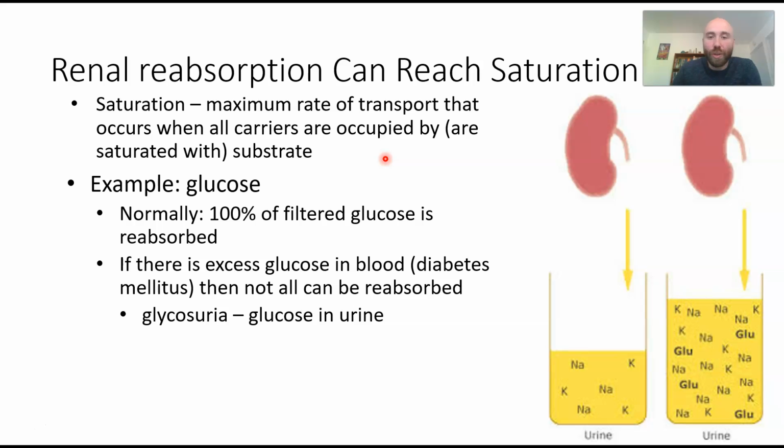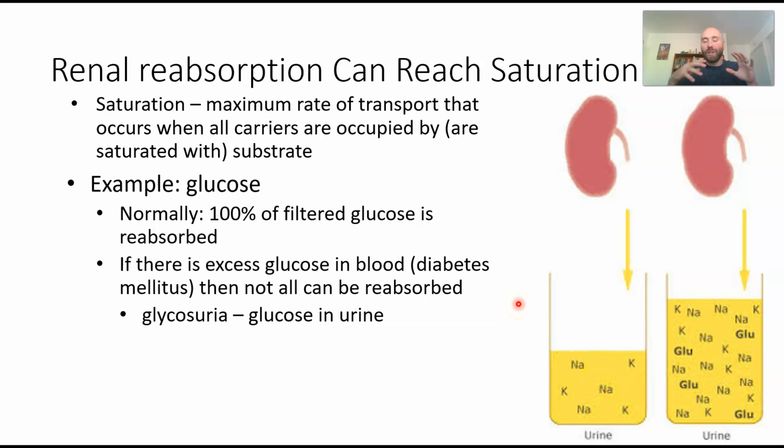So if we take glucose, for example, in a healthy, normal individual, 100% of the glucose that you filter out into the filtrate will be reabsorbed back into the blood. So if a person who is normal and healthy urinates, their urine will have some ions in it, sure, but it shouldn't have any glucose in it. So the healthy urination won't have any glucose.